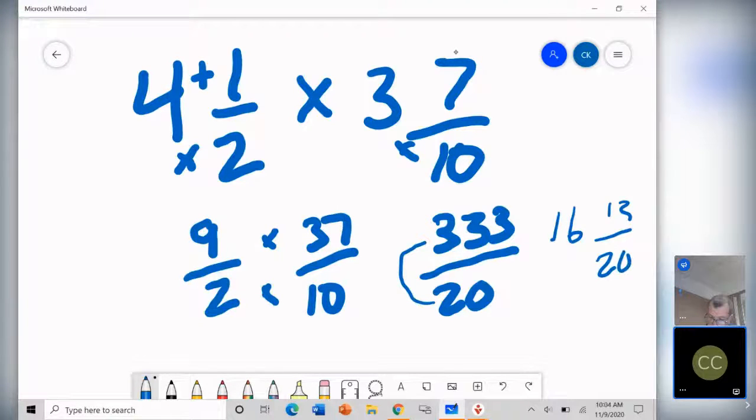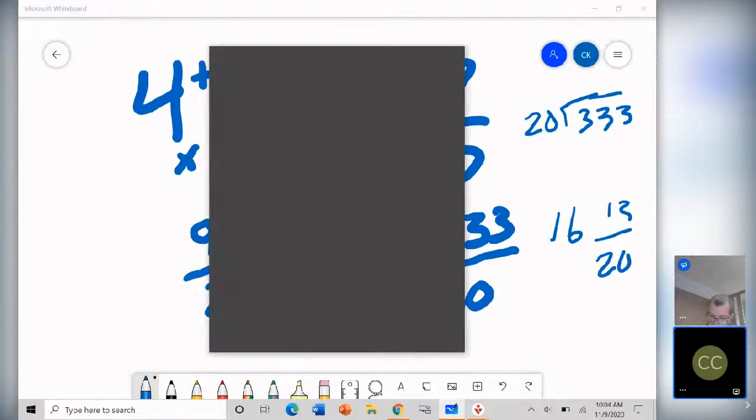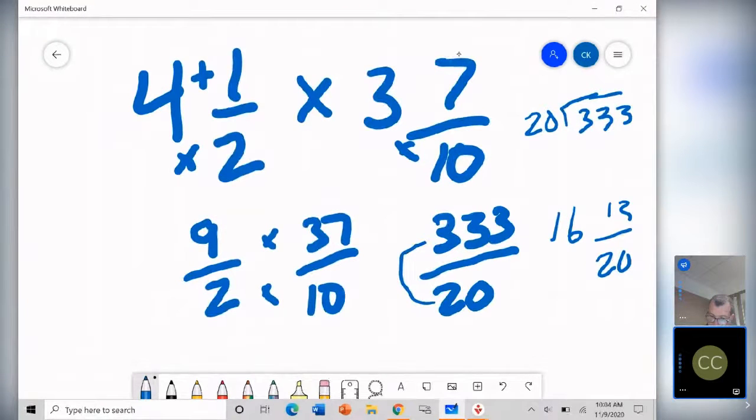So 20 will go into 333 16 times, and that's 320. And there's going to be 13 left over. And if you remember, that goes over the 20. So it's going to be 16 and 13/20.